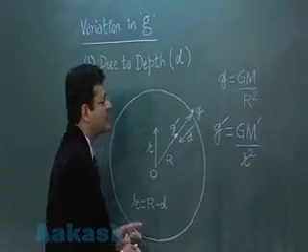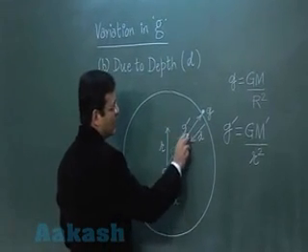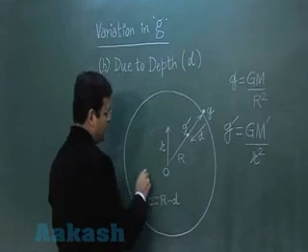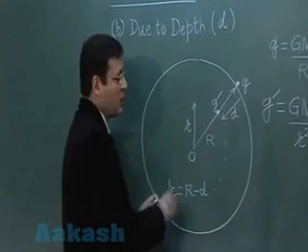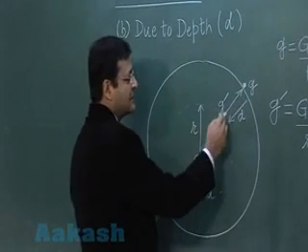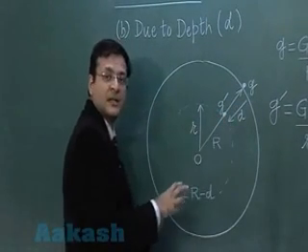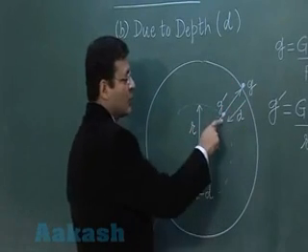What is the meaning of this M dash? It has been proved by Newton that M dash is basically the mass of the earth of only so much radius. When you are at a depth d, the contribution of the outer mass is zero.